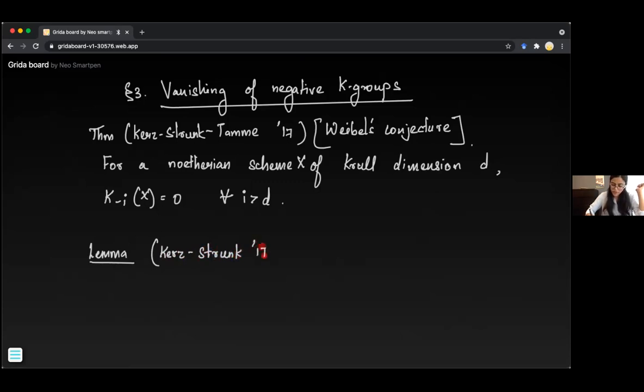This was true for schemes by Kerz-Strunk and then extended to stacks by Hoyois and Krishna using the flattening for stacks due to Rydh. So for every I strictly positive, and some class in K minus I of X.